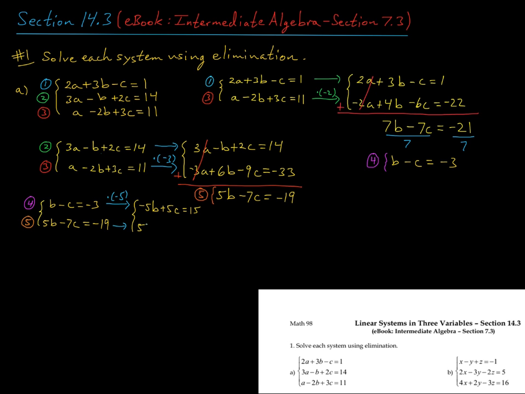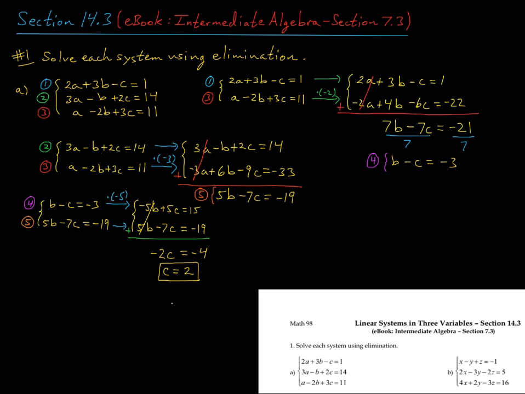And then we're leaving equation 5 alone, so 5b minus 7c is equal to a negative 19. And then add, and this gives us what? Well, the b terms drop out. I have minus 2c here, and this is a negative 4, and so I get that c is equal to 2 if I divide both sides by negative 2.